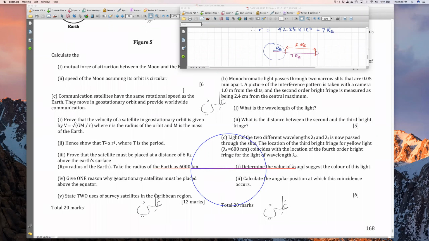This is the plane of the orbit. The orbital radius of a geostationary satellite is the number we just worked out, which we call the height of 6RE. Everybody okay with that? From the same question, 6R. That's the height. But from the center of the Earth it is 7R. That's a geostationary.